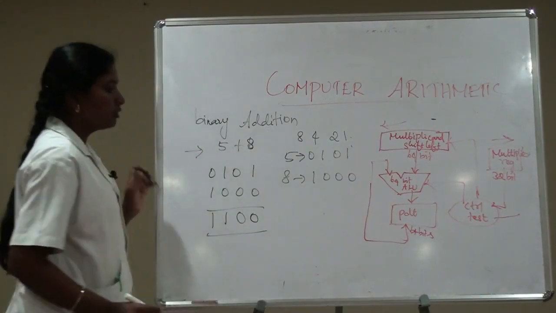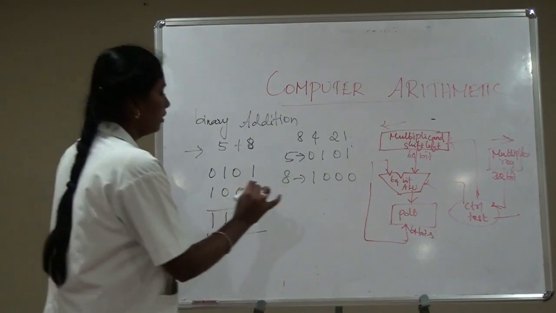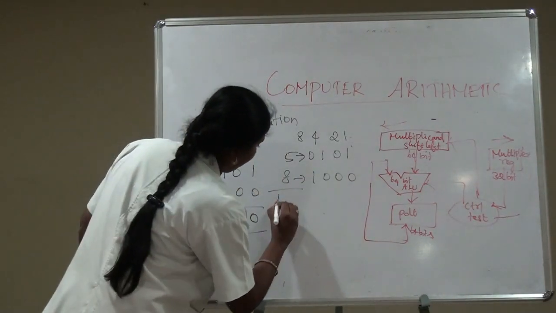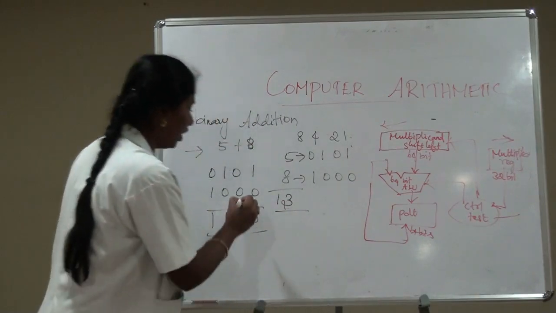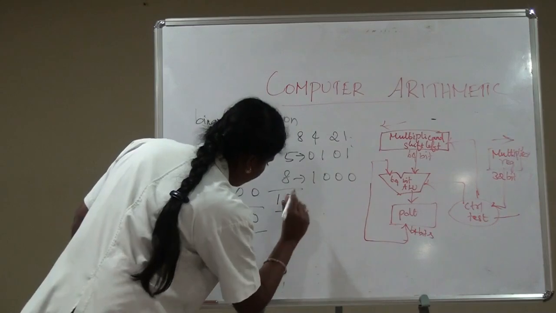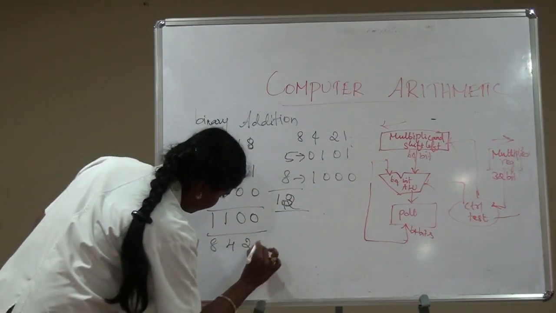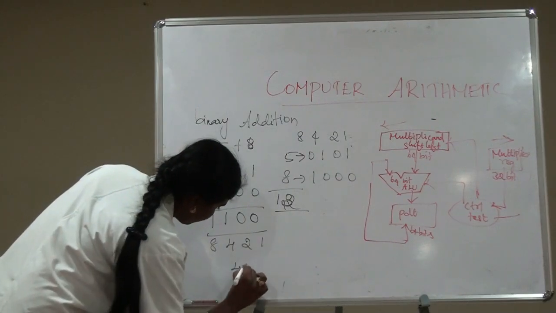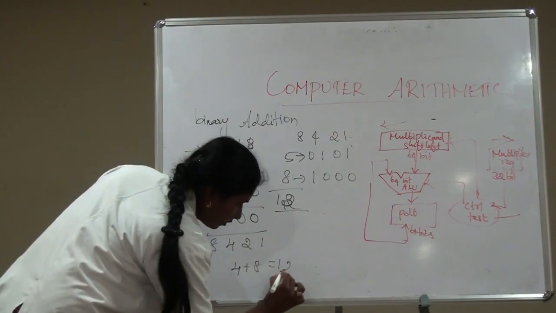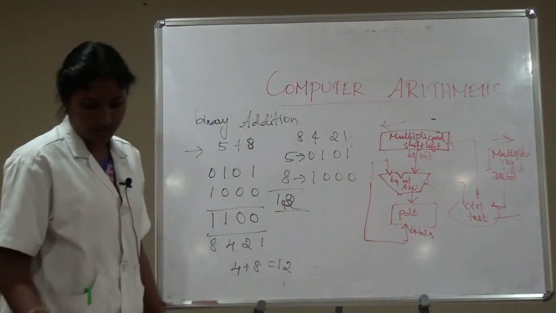So we have to check what is the output. 5 plus 8, the value is 13. Again we have to check the answer. So the value is equivalent to 13. Our answer is satisfied.